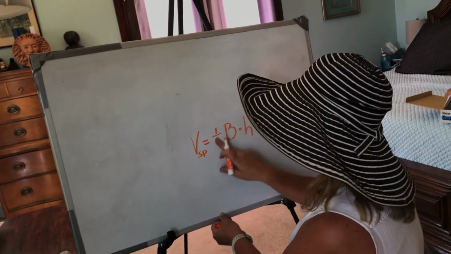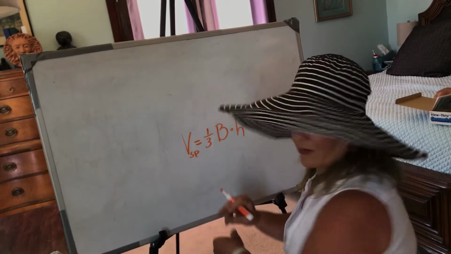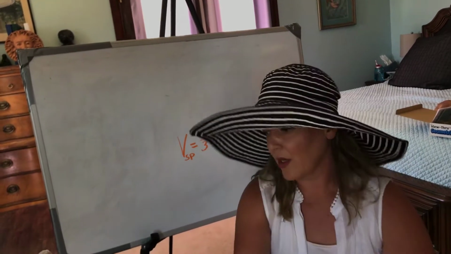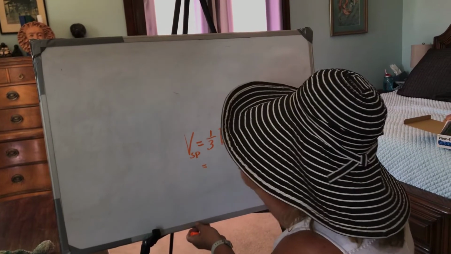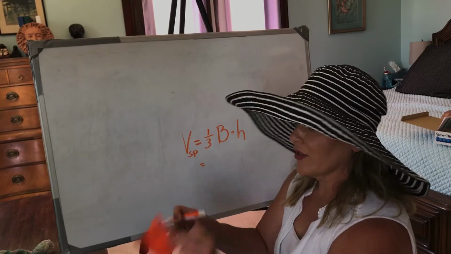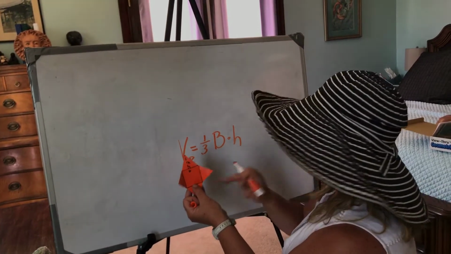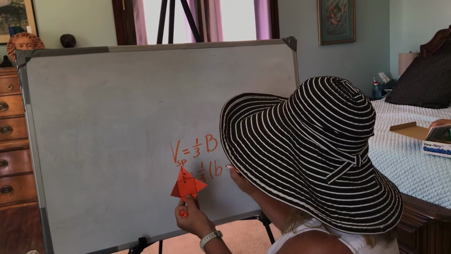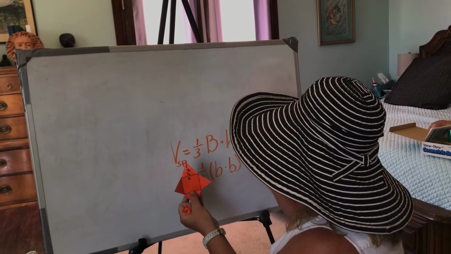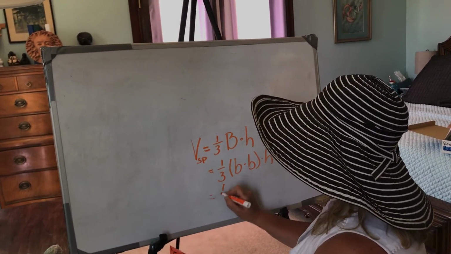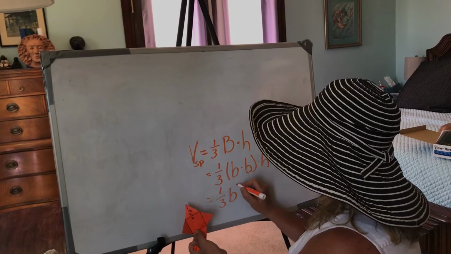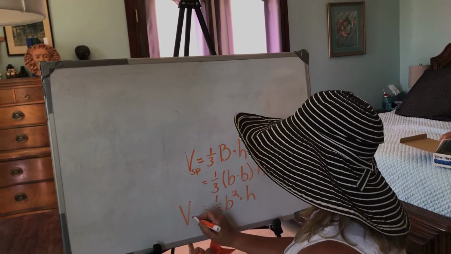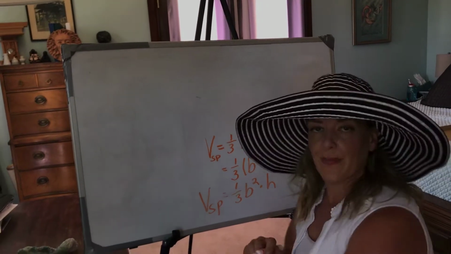That's a 1/2, thank you. 1/3, because it took 3 of these to fill up this cube. So the area of the base, though, was just a square, base times base. So I have 1/3 times base times base times height, or 1/3 base squared times height is going to be the volume of a square pyramid.